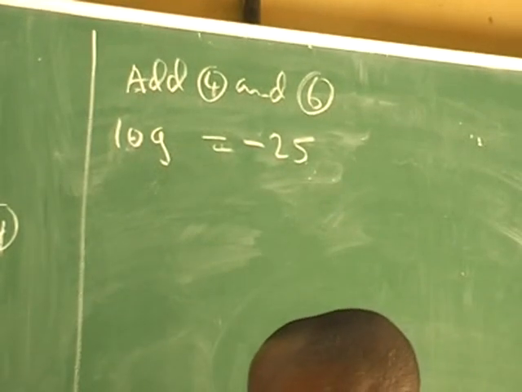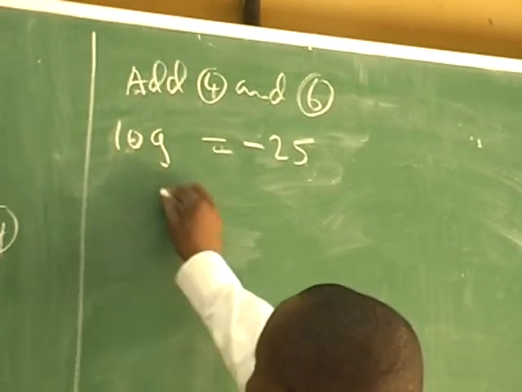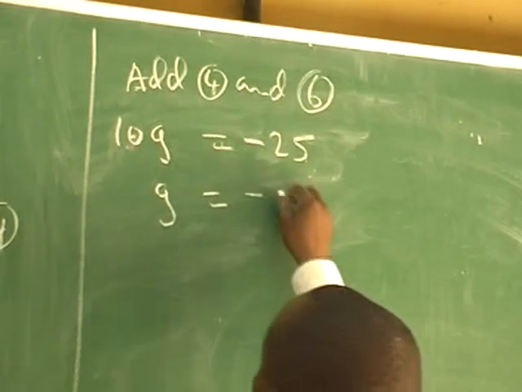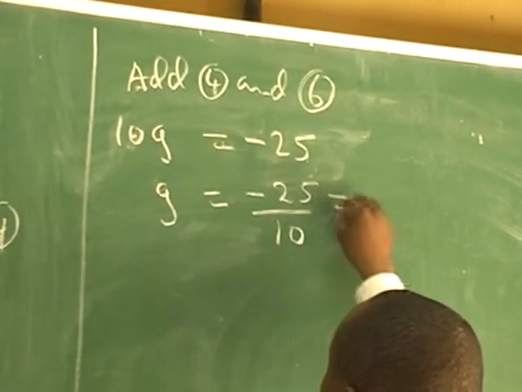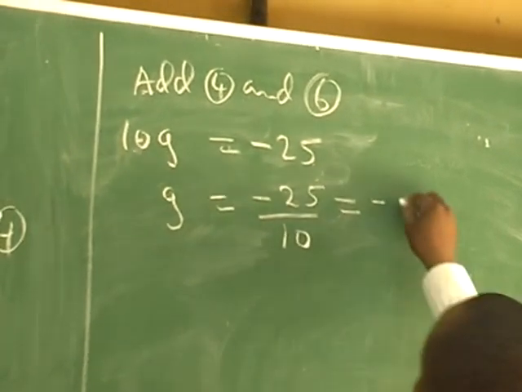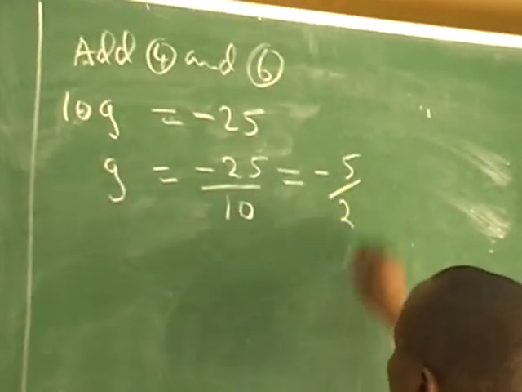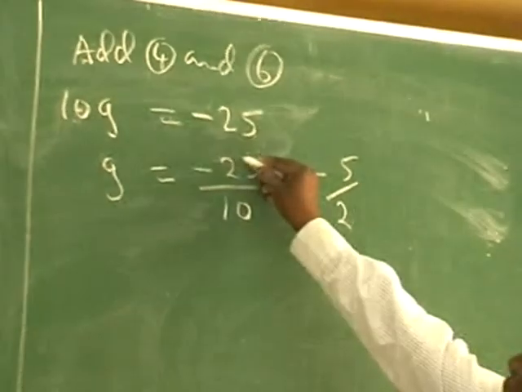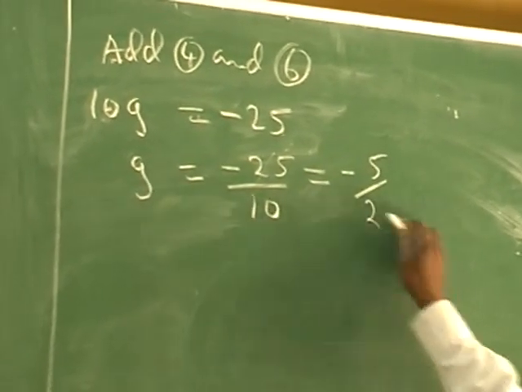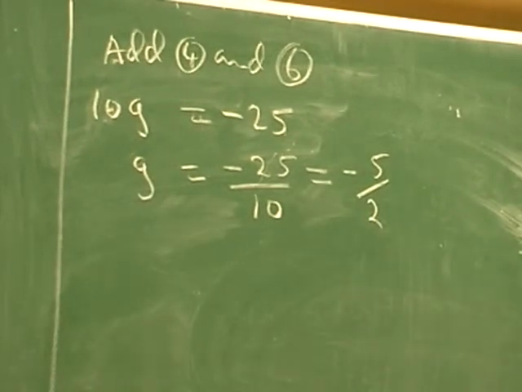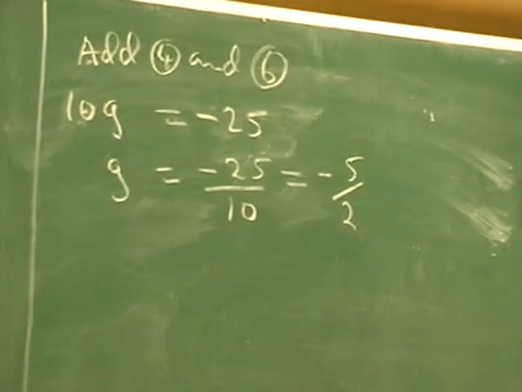That is minus 3, minus 22, minus 25. So g will be equal to minus 25 all over 10, which is the same as minus 5 all over 2. Because 5 will cancel here 5 times, 5 will cancel here 3 times. So g is equal to minus 5 over 2.